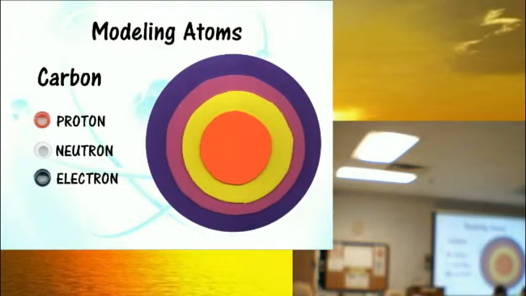Perfect. You did exactly right. Good job. That's exactly right. You put your electrons in the right positions too. Perfect. Good job. Neutrons. Remember you got to subtract: 12 minus 6 is 6.